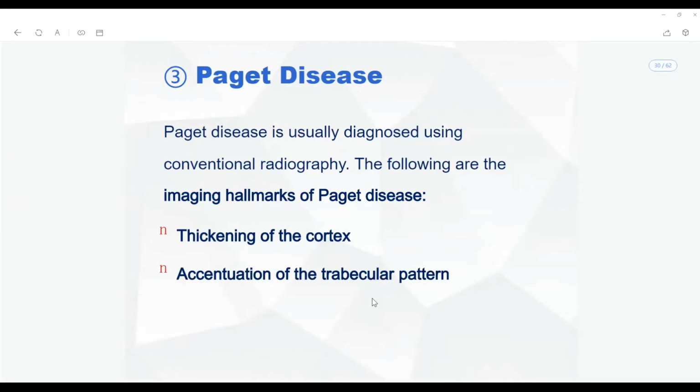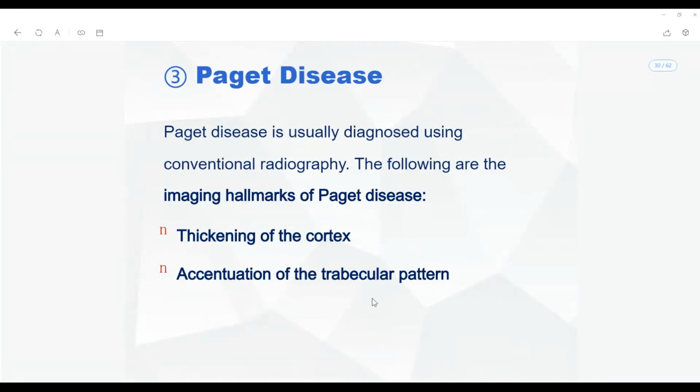So understand one thing here: when you are trying to diagnose a disease of osteosclerosis, increased bone density, there will be thickening of the cortex, but there will be attenuation of the normal trabecular pattern. Remember this as a final thing.